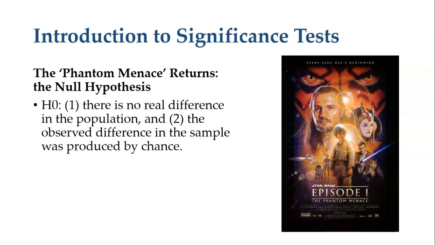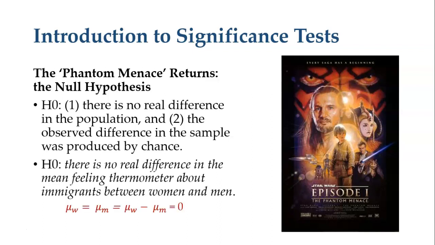If we are talking about, again, that feeling thermometer about immigrants between men and women, the null hypothesis states there is no real difference in the population, and what you are observing in the sample occurred just by chance, just because of random processes that you don't know when you were drawing the sample. For that reason, it's a random sampling error. Okay, so the null hypothesis states that. In other words, the null hypothesis says that if you subtract the value of men from women, the result is going to be 0 instead of 3.